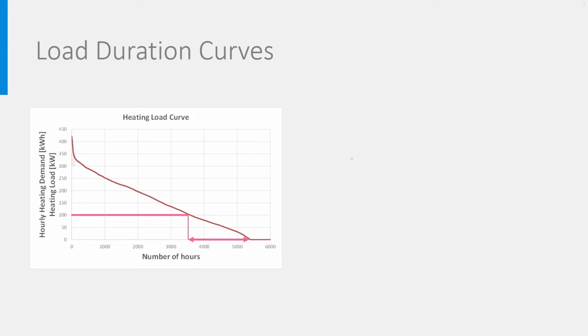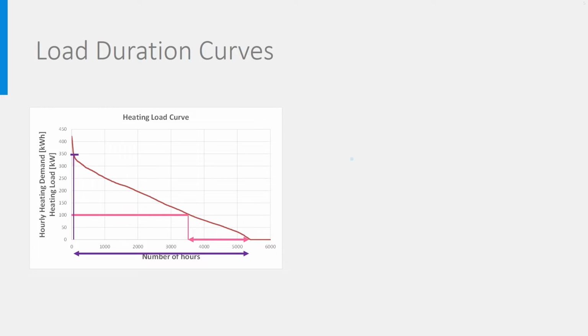Let's now take a load of 350 kilowatt, corresponding to 83% of the total power. During 55 hours a year, the load will be higher, which is only 55 divided by 5,300, 1% of the time. So 99% of the time the load will be lower.